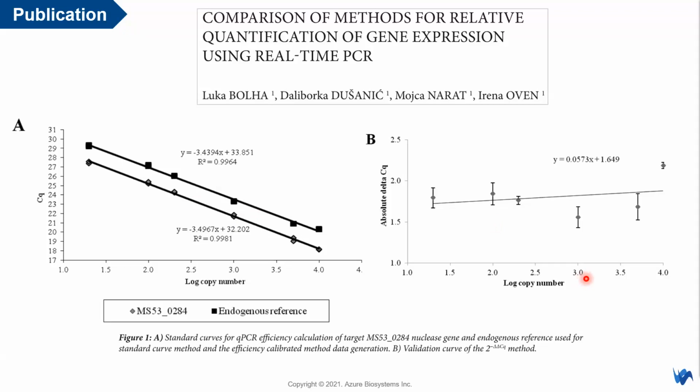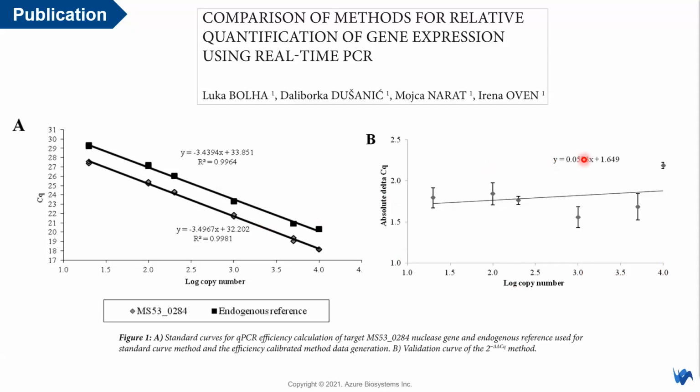for the delta delta CT method, where they plot the y-axis with the absolute delta CQ value against a log copy number at the x-axis over here. As you can see, a standard curve was created each time a total DNA quantification was performed, so you get the accurate calculation.